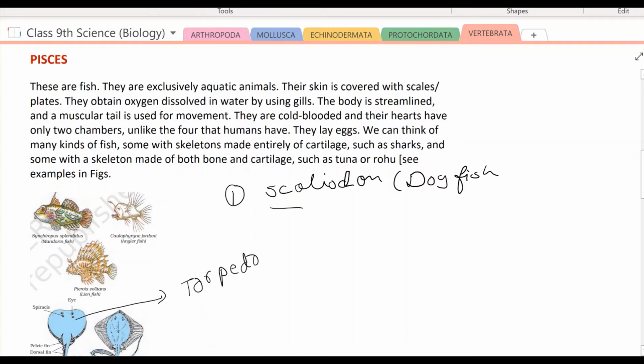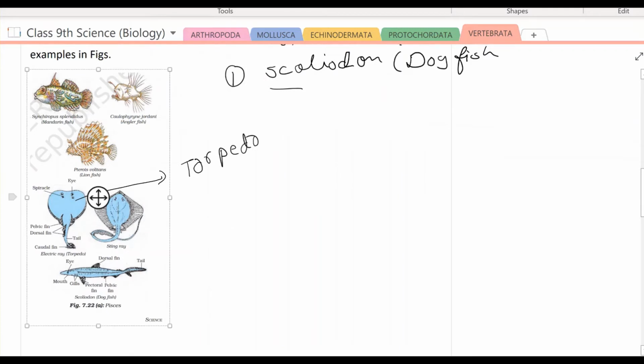Clear, student? So there are some examples. This one is stingray, or species, some examples from the species.